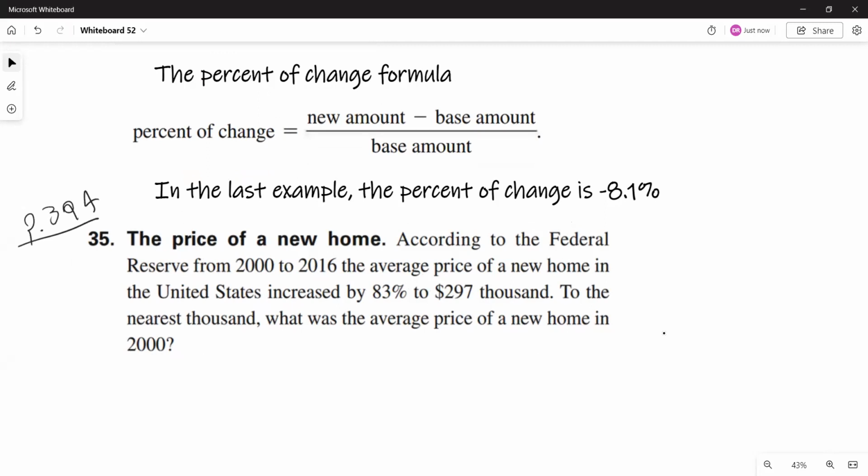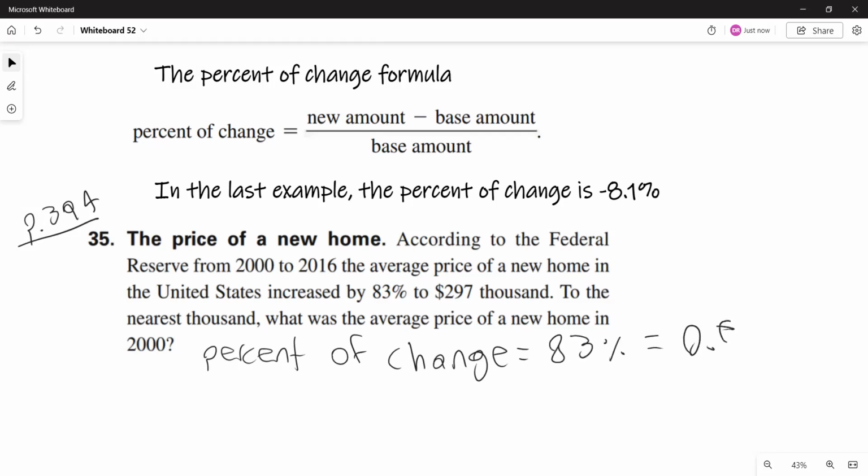Okay, so back to this formula. We know the percent of change. When you do the arithmetic, you must convert the percent to decimal. And you know the new amount.